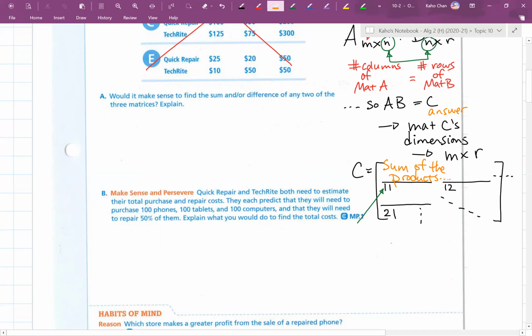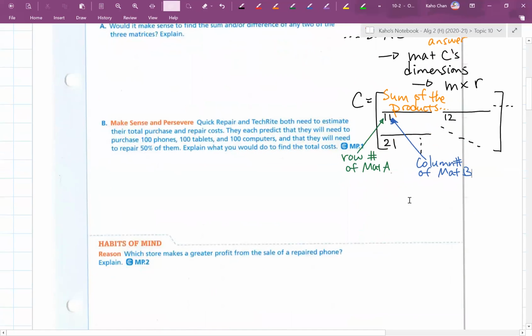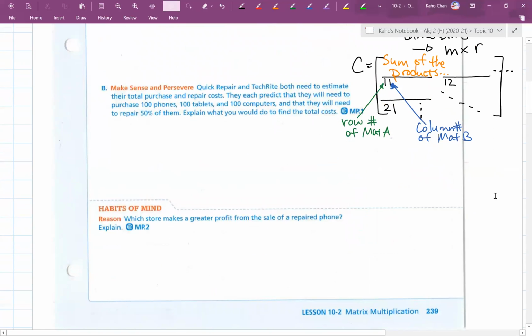Well, let me explain. The product will be the row number of matrix A, and then coupled with the second number, which refers to the column number of matrix B. It's very weird, but I'll show you how to sort that out in a moment. You'll get the hang of it. It takes practice.